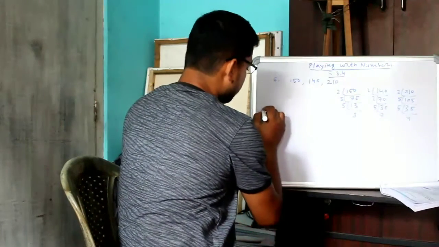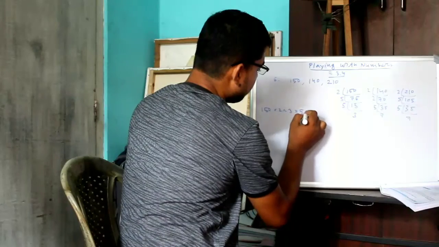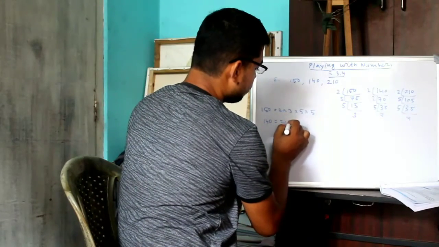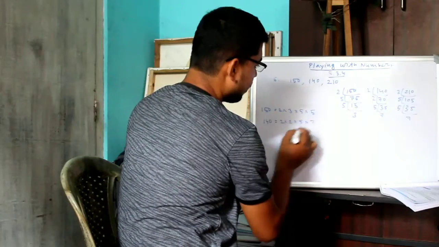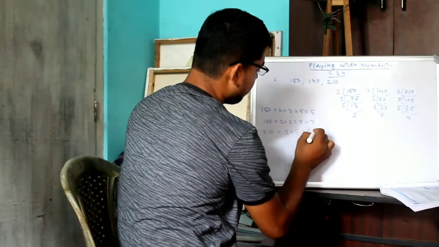So 150 equals 2 into 3 into 5 into 5. 140 equals 2 into 2 into 5 into 7. 210 equals 2 into 3 into 5 into 7.